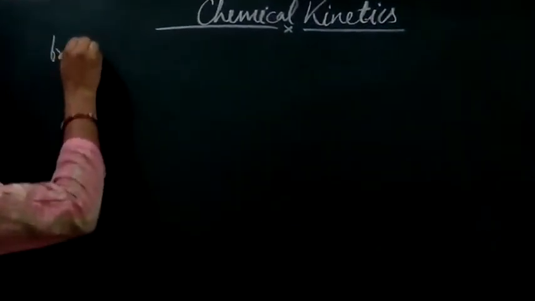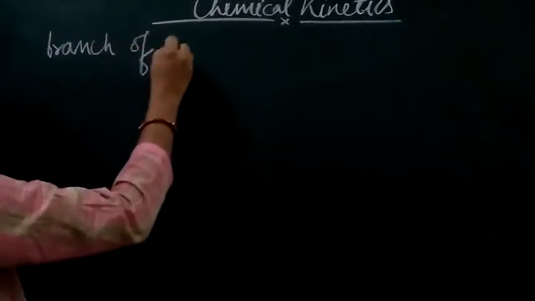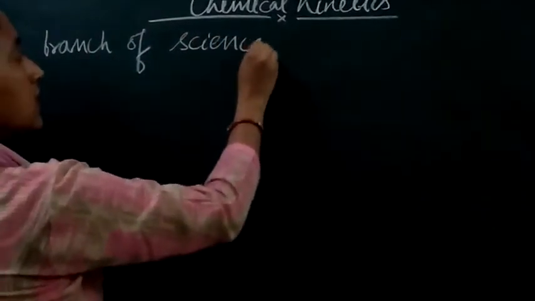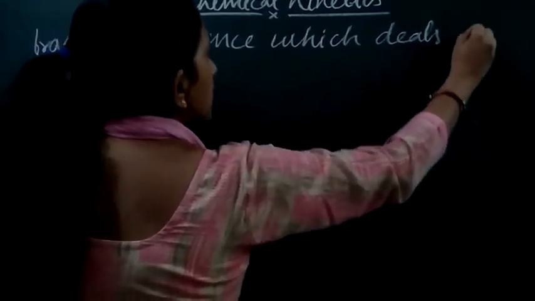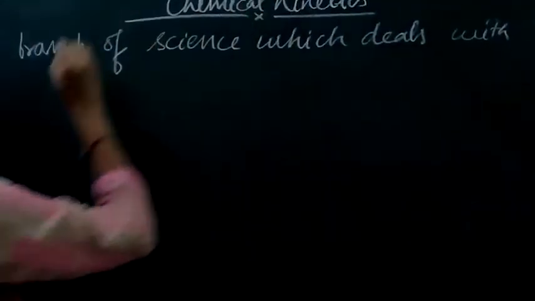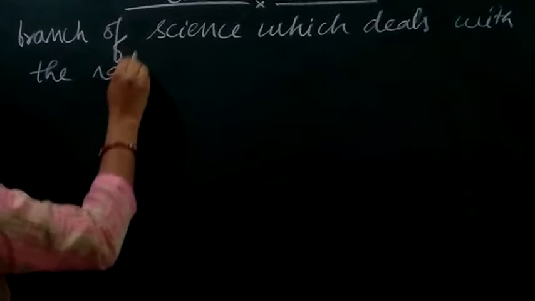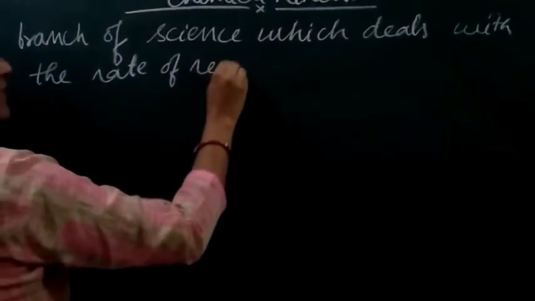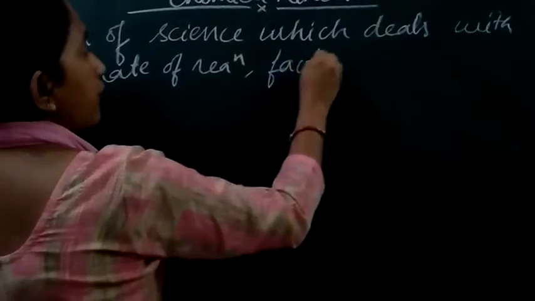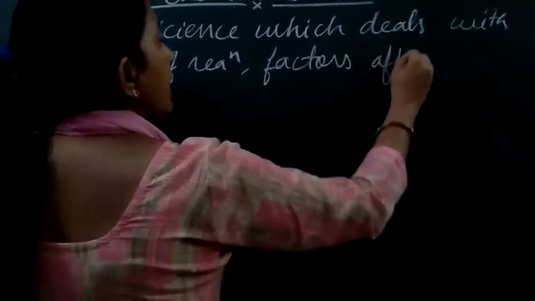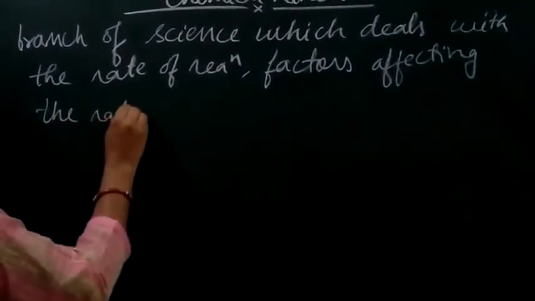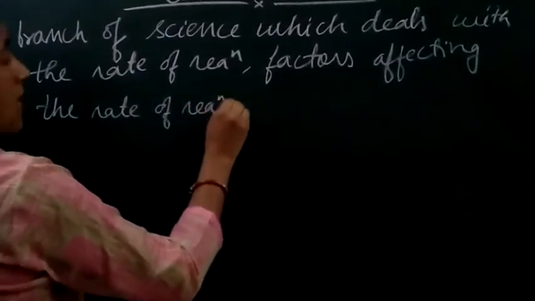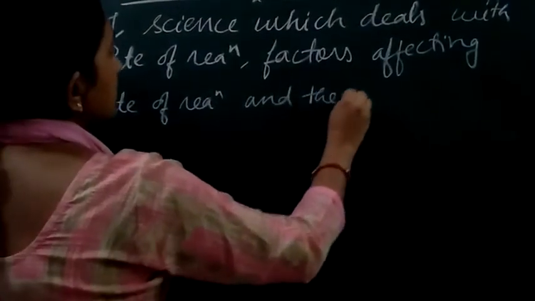So chemical kinetics, what is it? It is a branch of science which deals with the rate of a reaction, factors affecting the rate of reaction, and the mechanism followed.